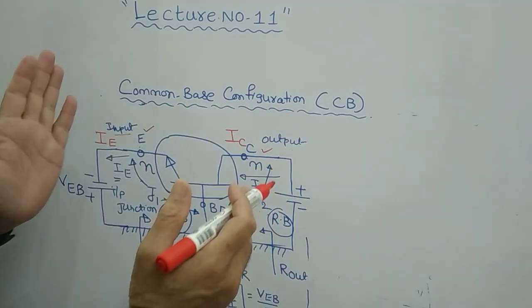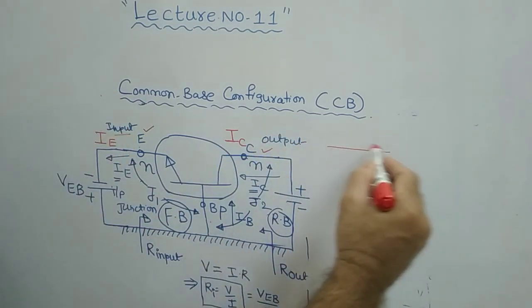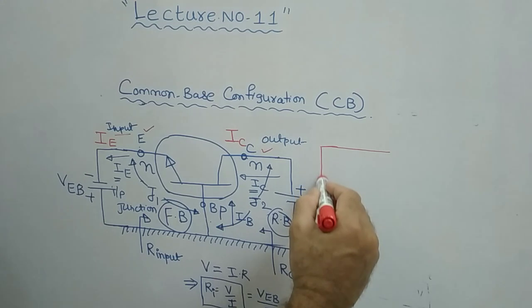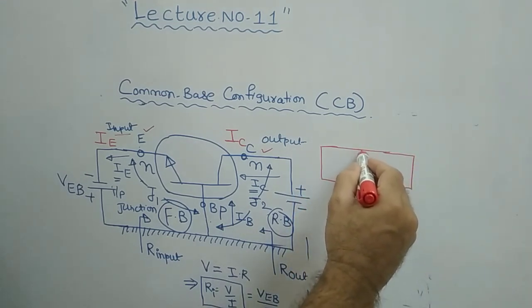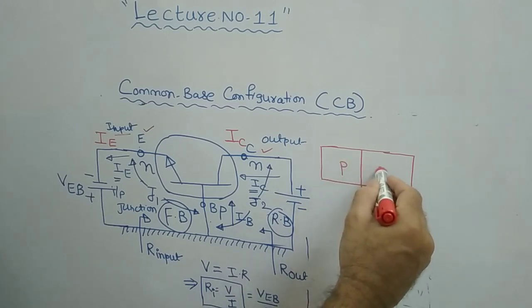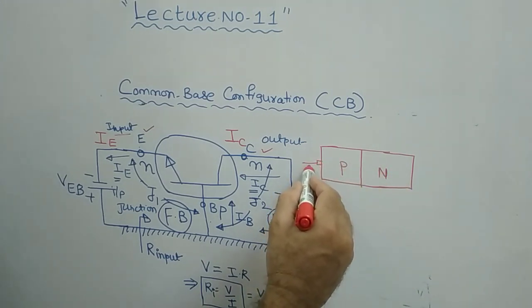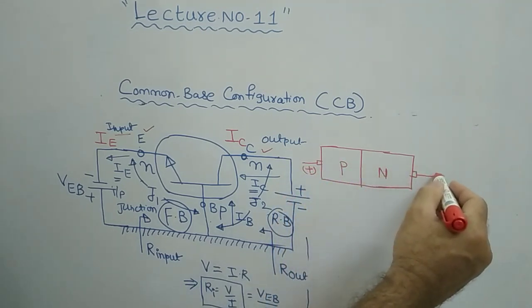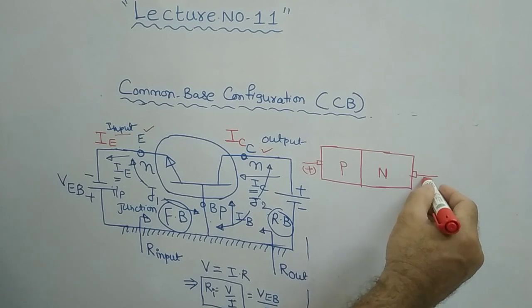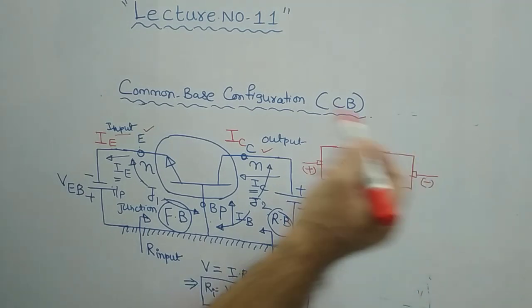Let me explain here; this is a very interesting concept. This is your PN diode, let us say this is p-type and this is n-type. This is the anode because it is the positive terminal, since holes are positively charged, whereas in n-type the majority carriers are electrons, therefore minus is taken.